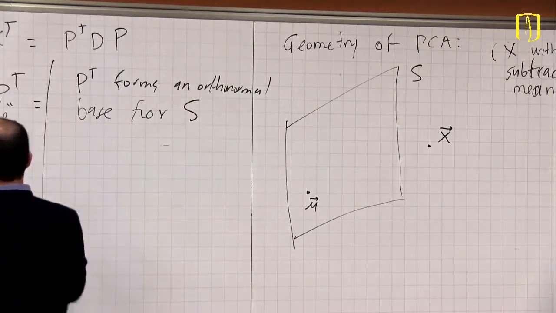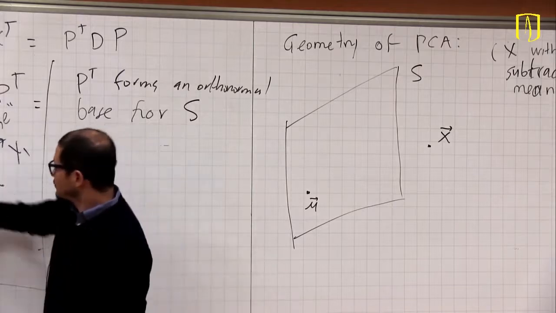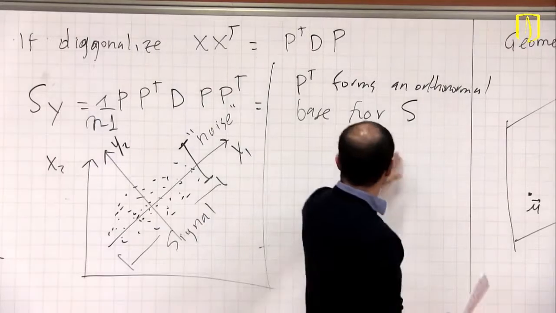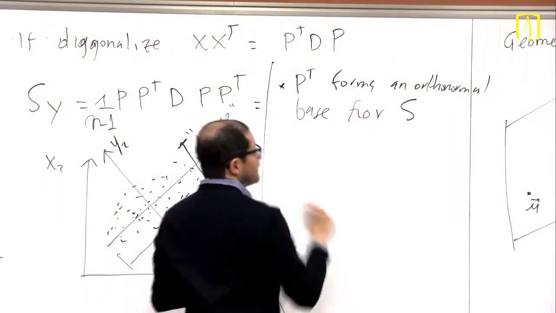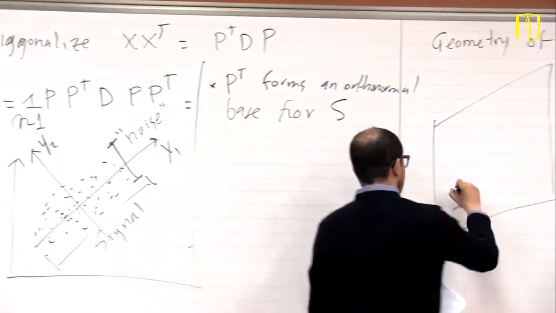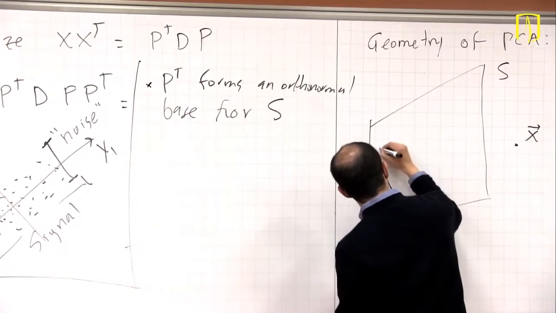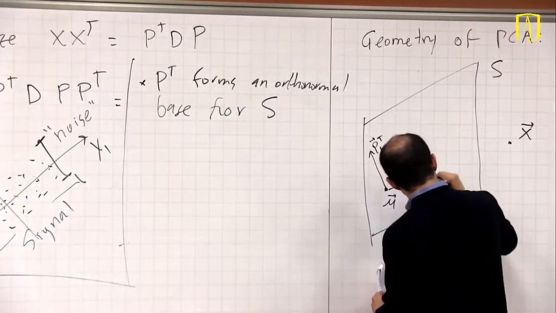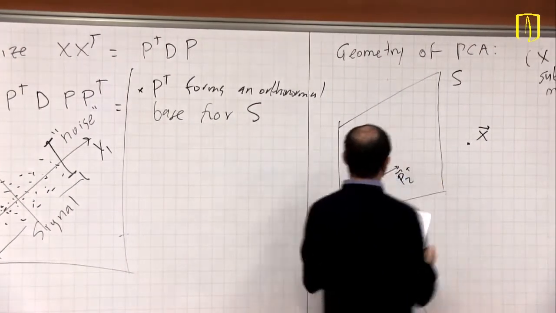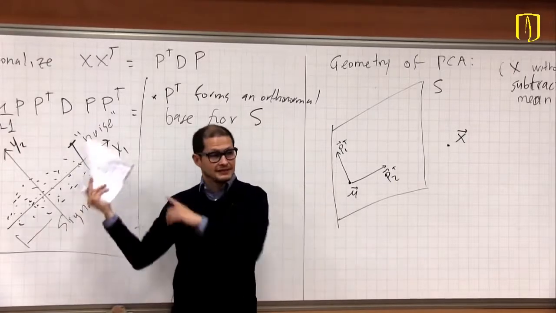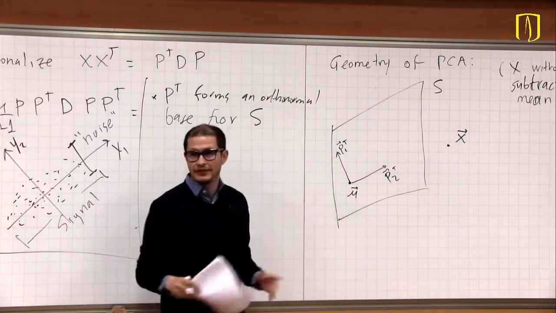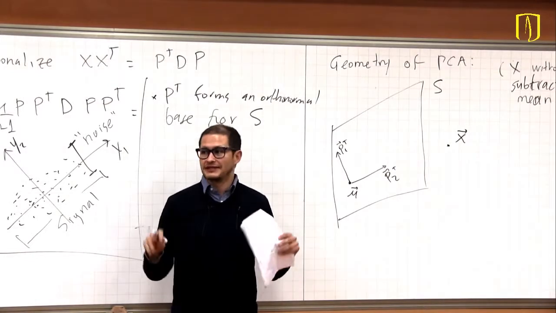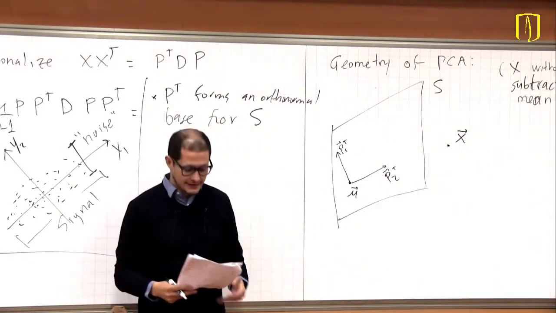So when you get rid of the least important direction, P still forms a basis for the subspace. I'm going to write P1 transpose and P2 transpose. So it's an orthonormal basis in this new space that we're going to call the simplified space, or the lower dimensional space where my data looks all right.